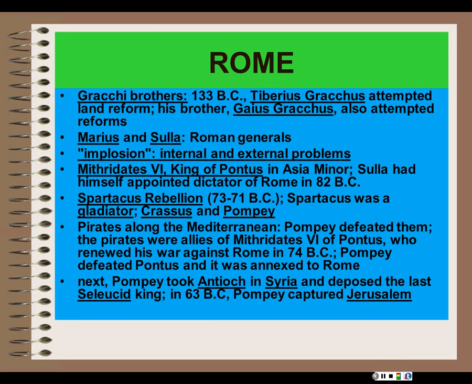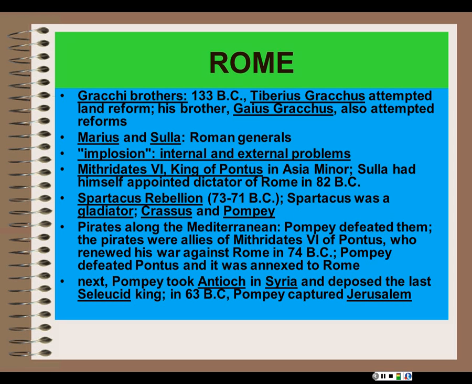His brother, Gaius Gracchus, was also a tribune right around 10 years later, 123 BC, attempted other reforms and was also killed. Then we had generals coming along like Marius and Sulla, Roman generals who began to use the army as their personal tool for their own ambitions.